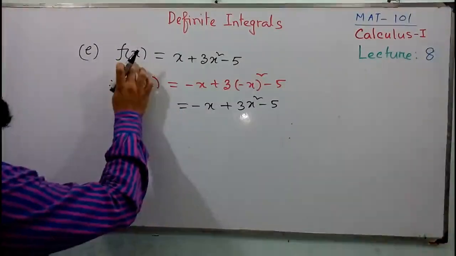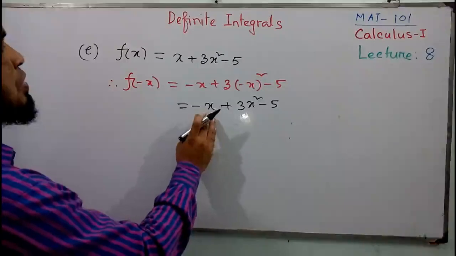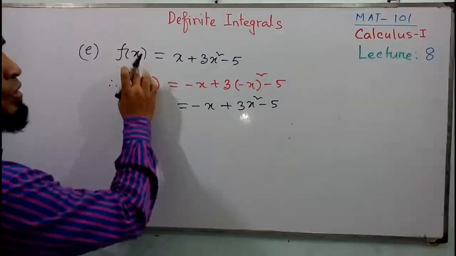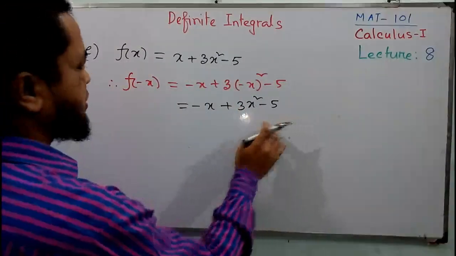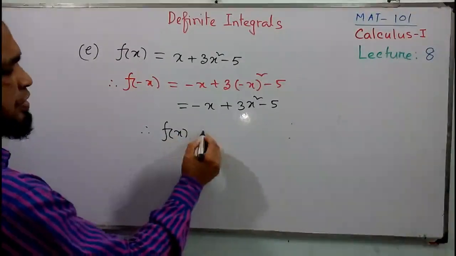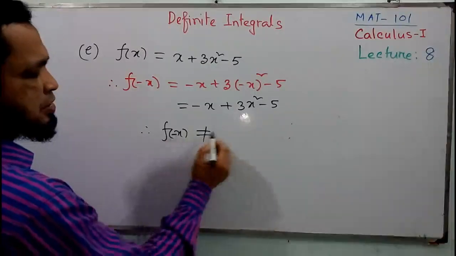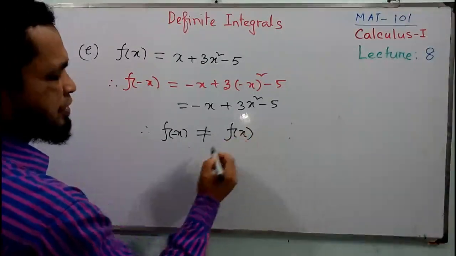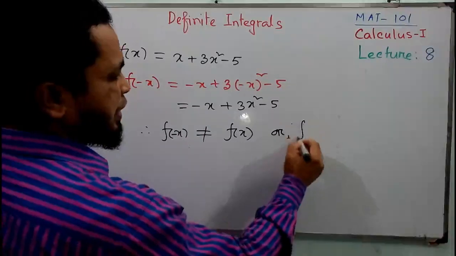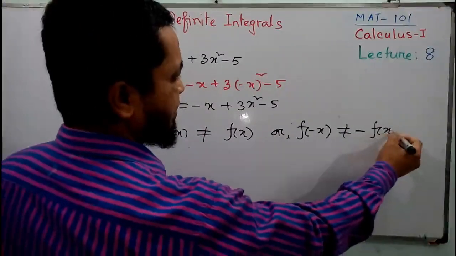This is not f of x. Therefore, f of minus x is not equal to f of x, and f of minus x is not equal to minus f of x.